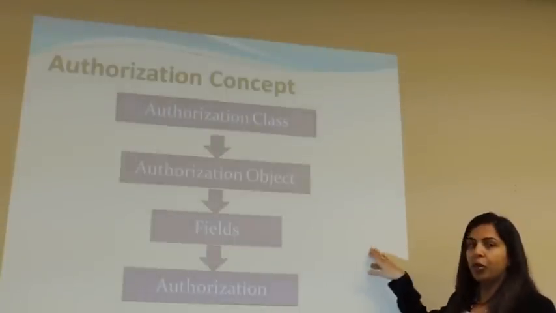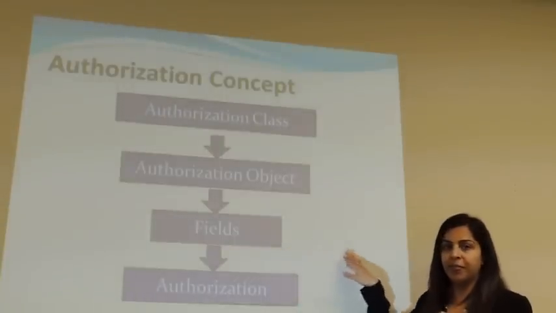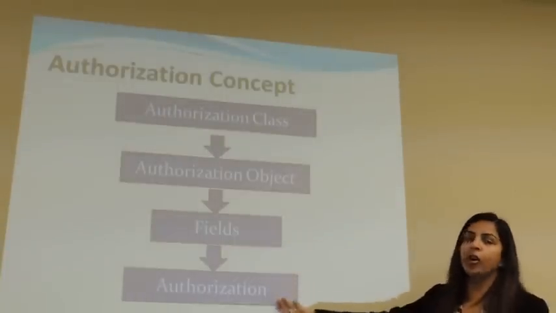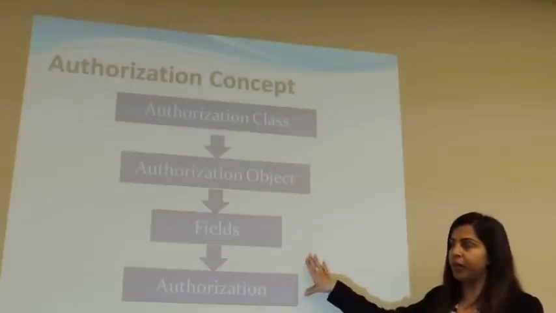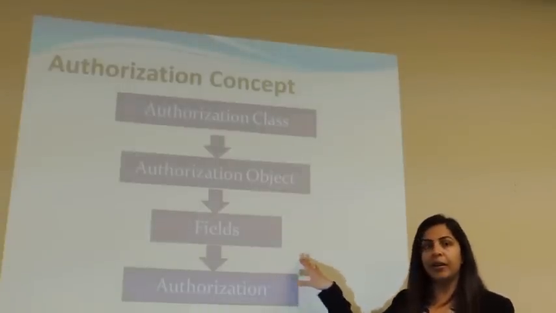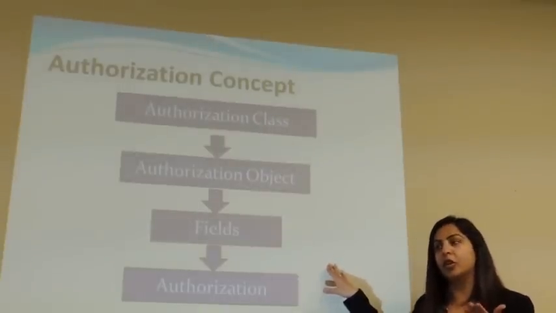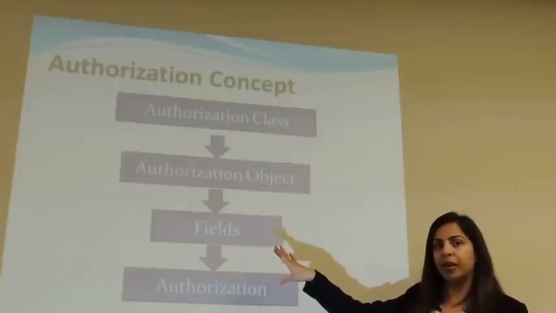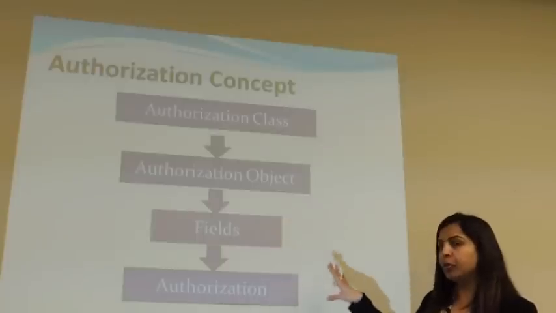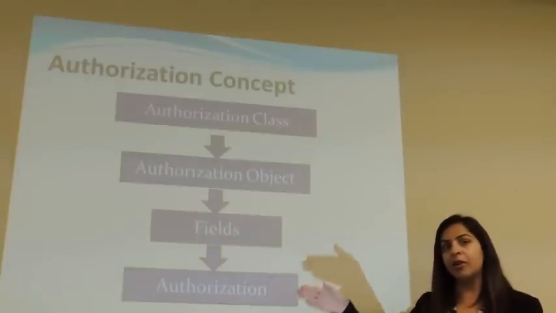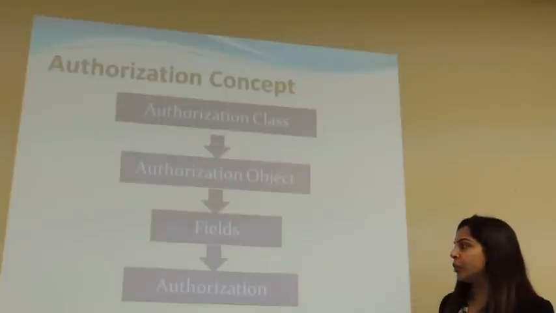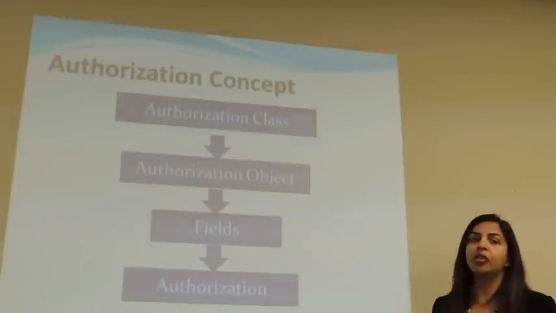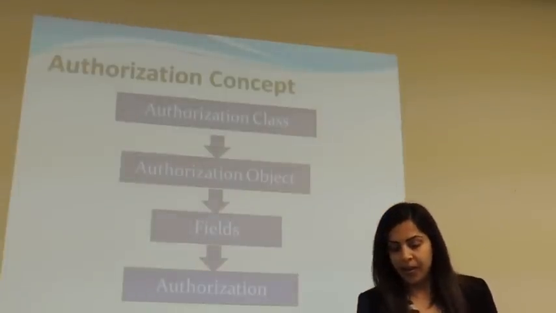Again, within these two objects there will be fields specified further which will carry the authorization for the user in it. So these fields will permit the user to go up to a certain level and have access to it, after which he will be stopped there because there will be a restriction on it. So that's how this authorization concept works.